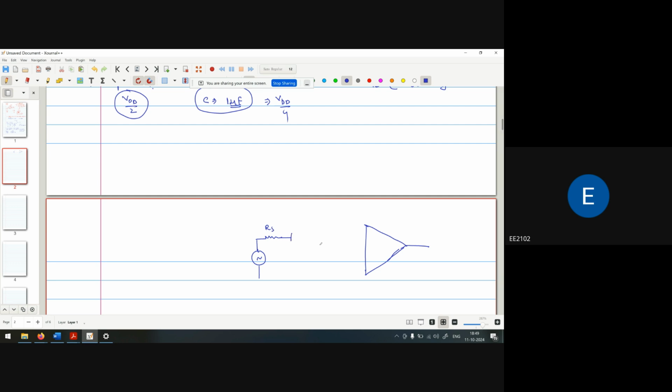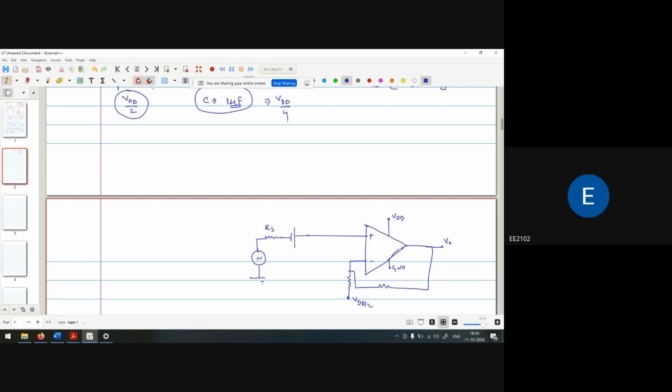Along with that, we are using one battery for the add up of the voltage. At the negative side, I am using one resistor. And here I am using again the VDD by 2. This is the VDD and this one is the output.